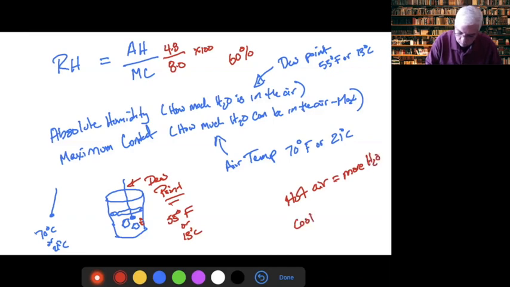Cool air holds less water. And so the relative humidity is always based upon what the temperature of the air is at the beginning versus when the air actually cools down enough such that the water will fall out and condensate or create condensation on the glass. And that's what you're looking for.